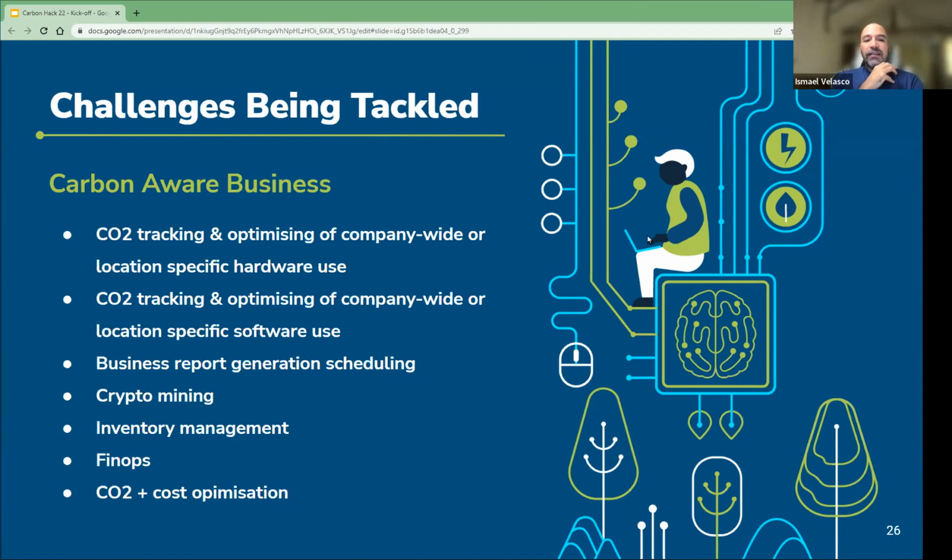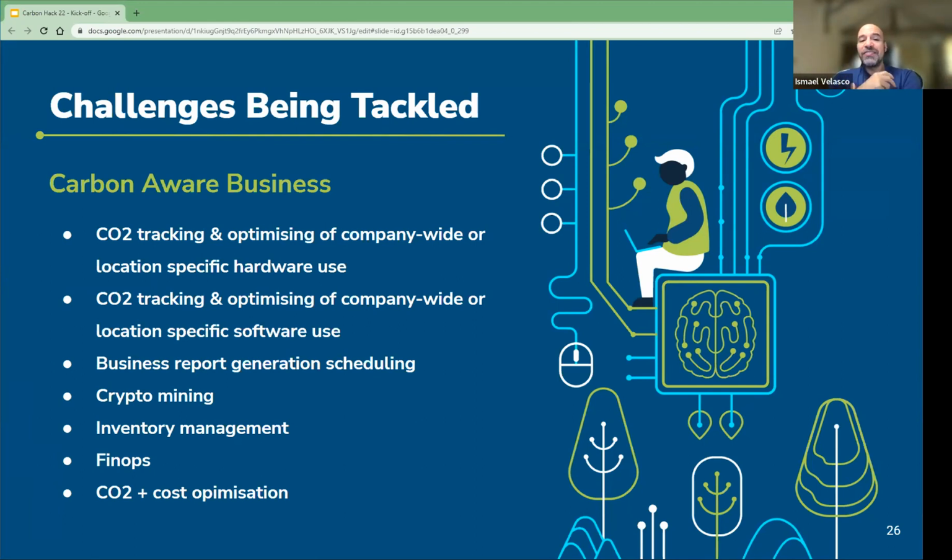Similarly, the CO2 tracking and optimization of company-wide or location-specific software use. So are people using software on their own machines that is particularly electricity intensive? And is it used at particular times or particular departments or particular functions? So how do you make your entire business planning and operations carbon aware?